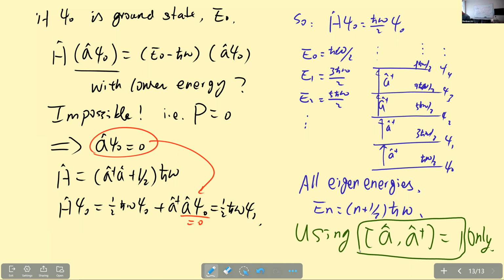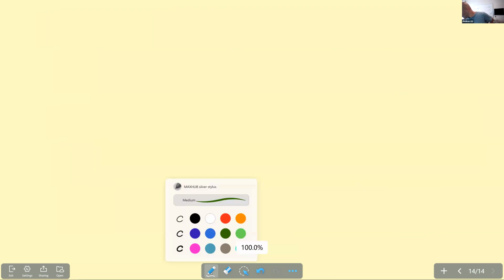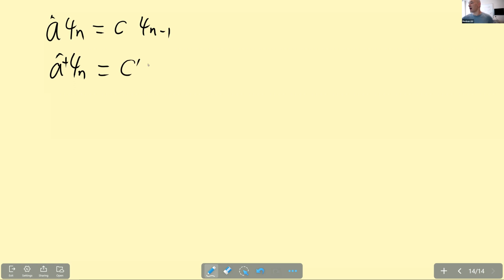And then you probably wonder, so we know that a acting on |m⟩ will give us a state |m−1⟩. But in quantum mechanics, there is always a coefficient, right? And similarly, you have a† acting on |m⟩ will give you maybe another constant, c′, times |m+1⟩. The question is, c equal to what? c′ equal to what?